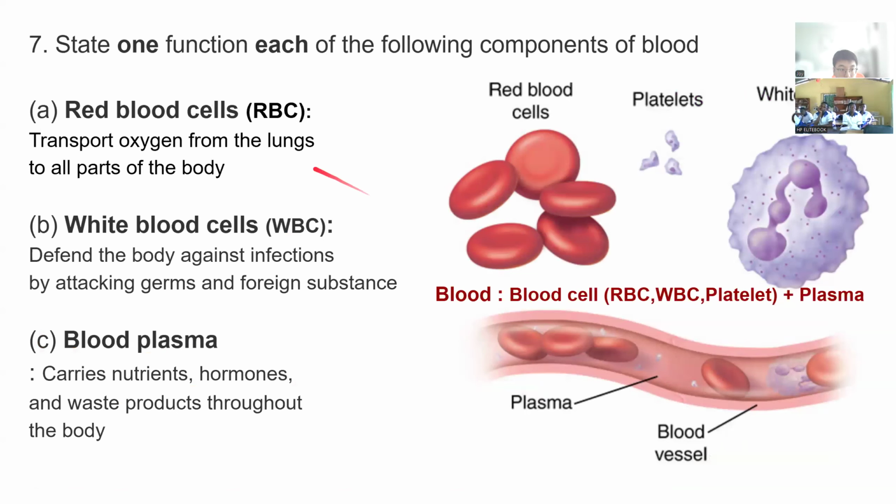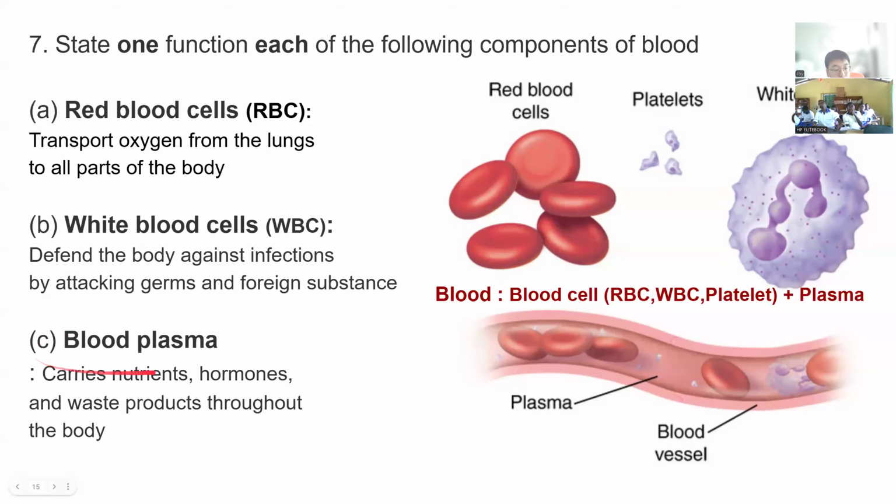This question asks us to state one function of each of the following components of the blood. So the red blood cells, over here, transport oxygen from the lungs to all parts of the body. These are white blood cells, which are also in our blood, and they defend the body against infections by attacking germs and foreign substances.